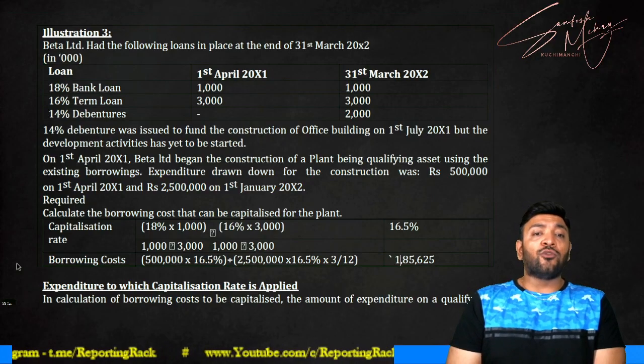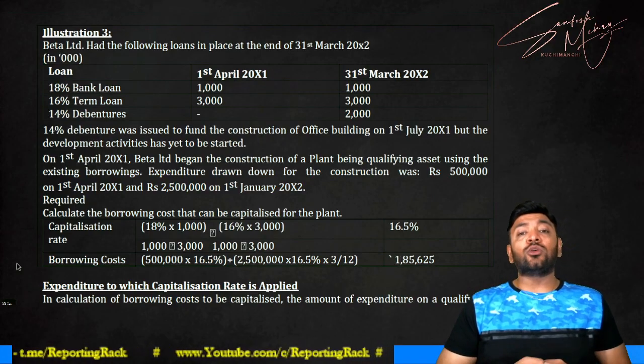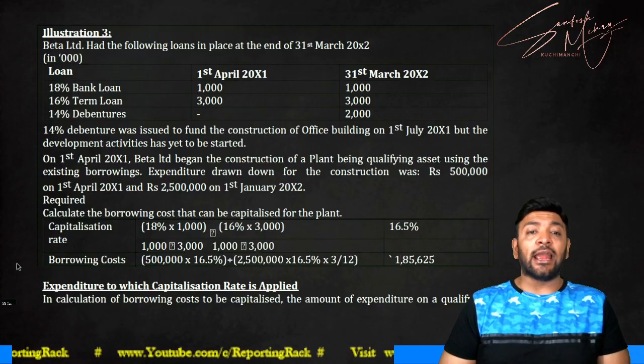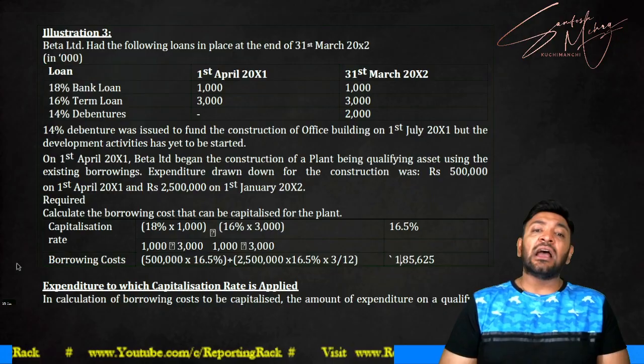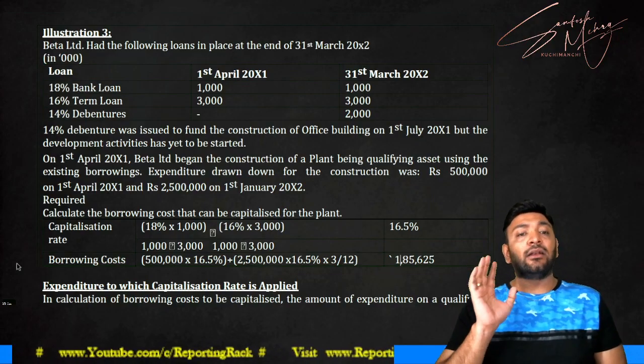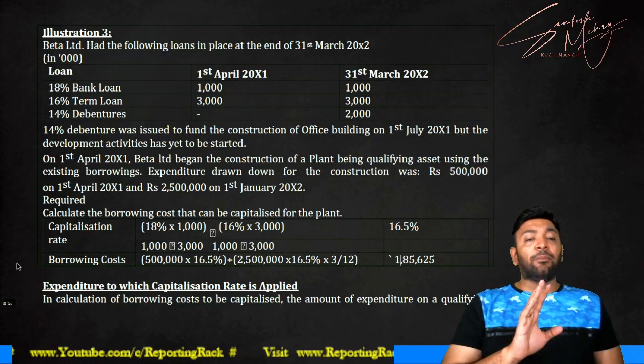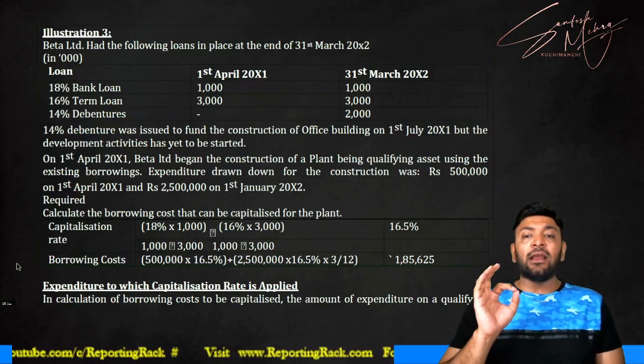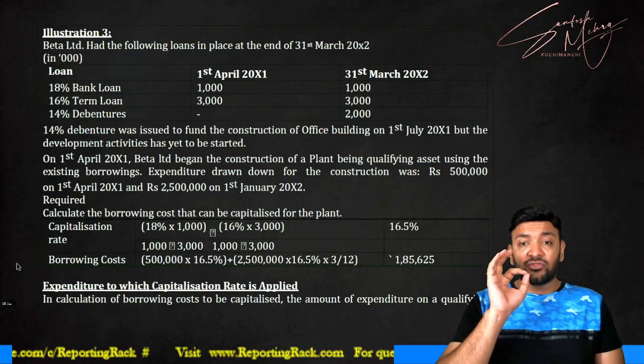Correct? 14% debentures were issued to fund the construction of office building on 1st July. But the development activity has yet to be started. So therefore, these debentures were specific borrowing only for the purpose of an office building which were issued on 1st of July.